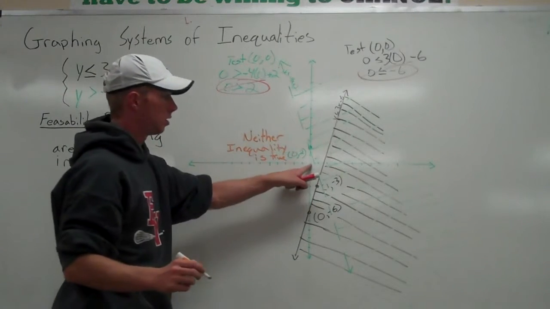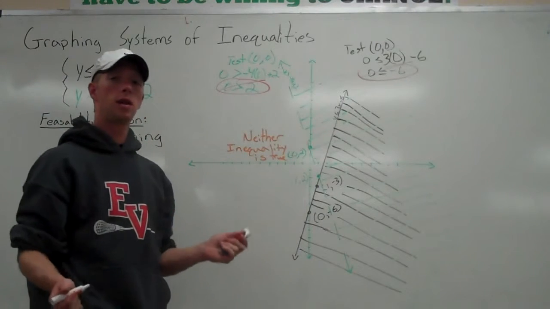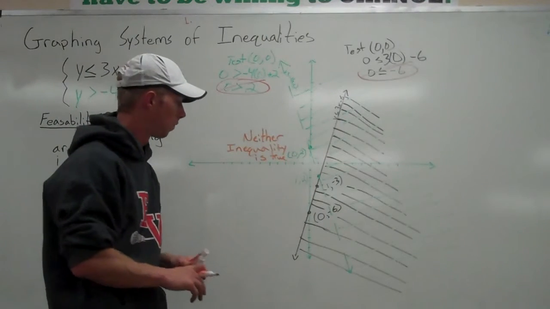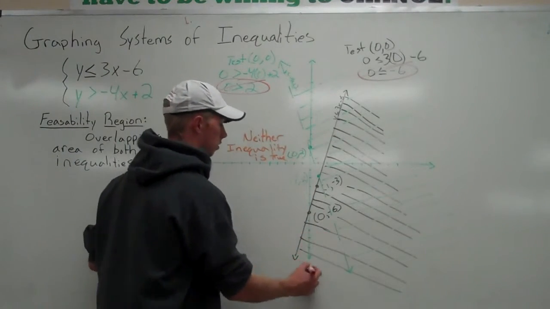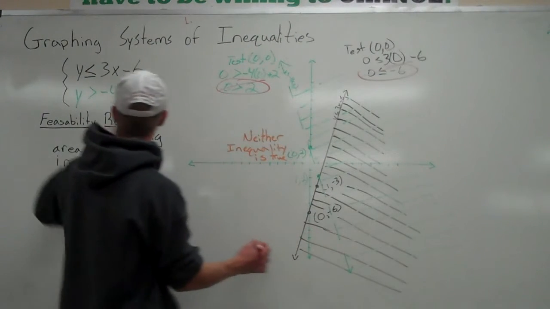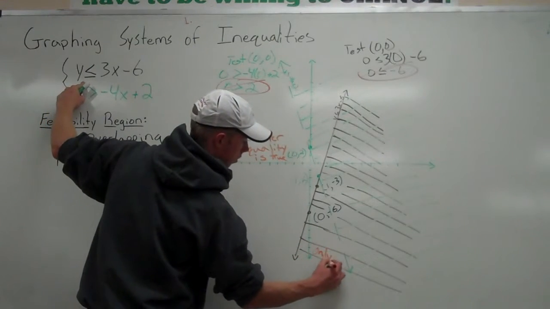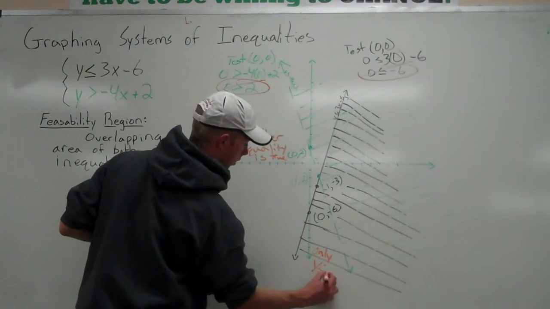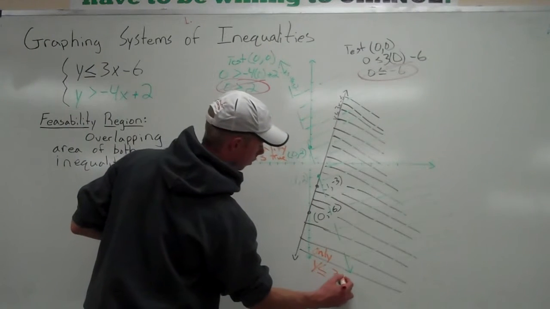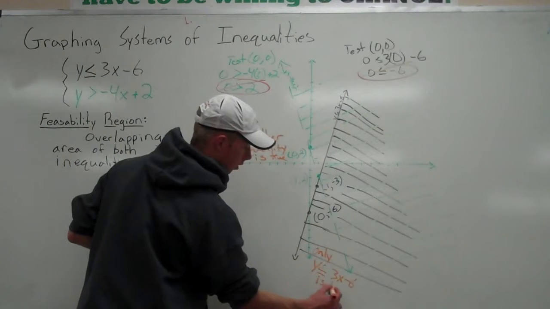So for instance, 0, 0 was in this section over here, and it didn't make either one true. Here, in this section, only the black was true, so only y is less than or equal to 3x minus 6 is true.